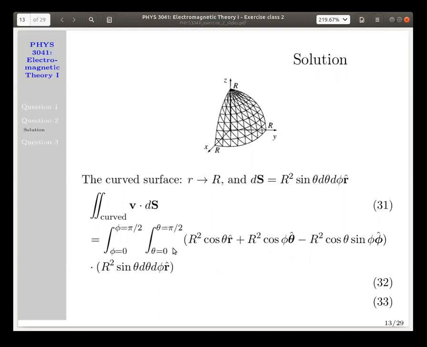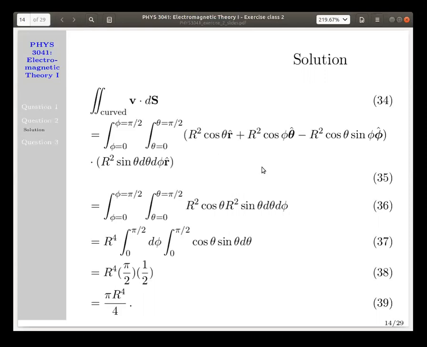The domain of integration for theta is from 0 to pi over 2, and phi is from 0 to pi over 2. After taking the dot product, we have this expression, R squared sine theta, and here is the differential area, which is R squared sine theta d theta d phi.